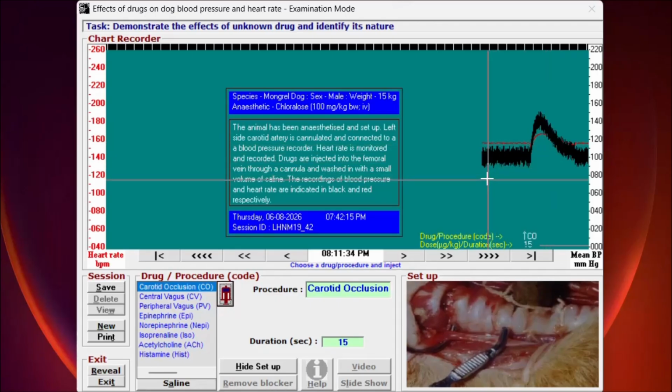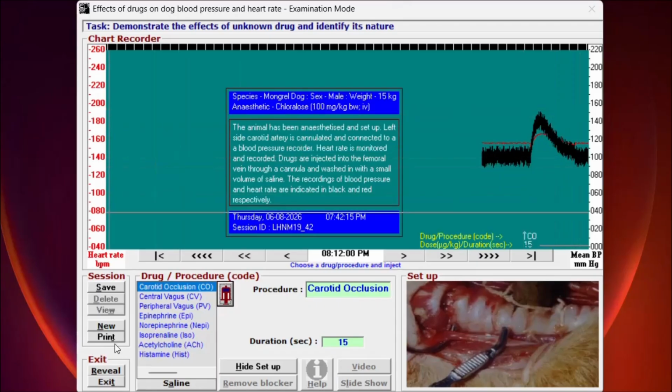I'm not going to discuss that once again, but just to be on the safer side, you can just understand that this is because of the baroreceptor reflex. There is pseudo hypotension. As a result, there is an increase in the heart rate, and whenever there is an increase in the heart rate, it automatically leads to an increase in cardiac output, leading to an increase in the systolic blood pressure. So that is how we get this.